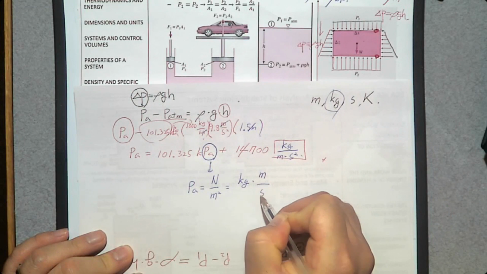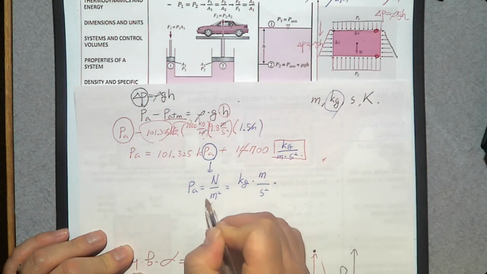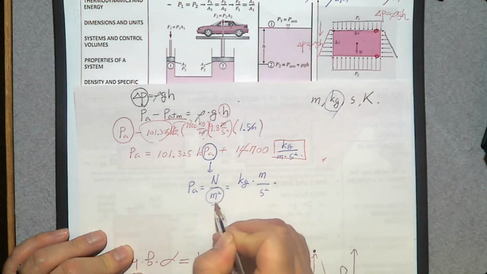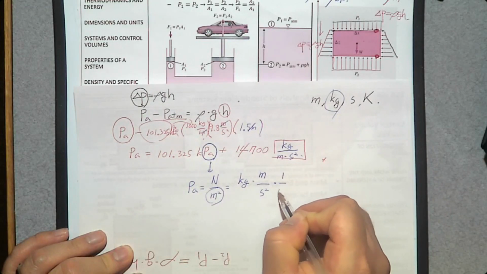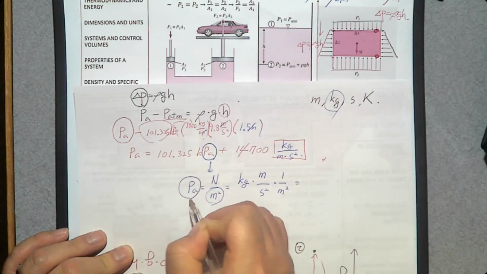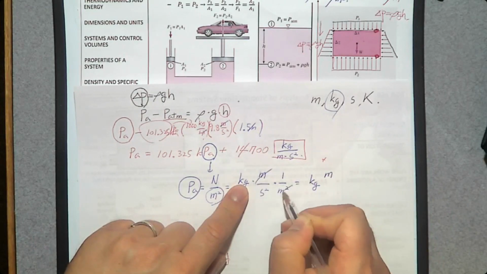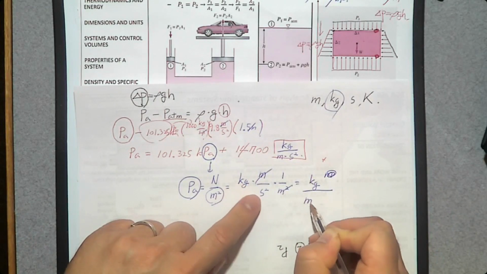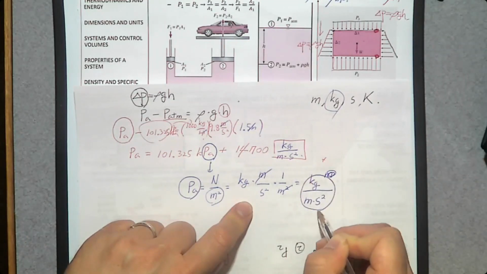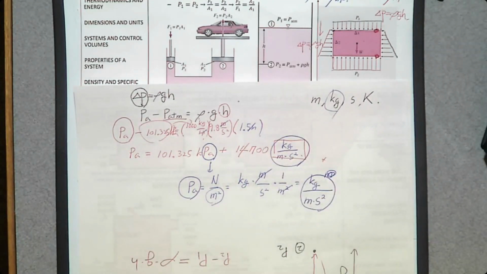Meter per second square. And we have meter square in the denominator, okay, 1 over meter square. So Pascal is what? Kilogram meter, we can cancel them out, divided by meter second square. If you look at this one, you can say the unit of this one is Pascal.